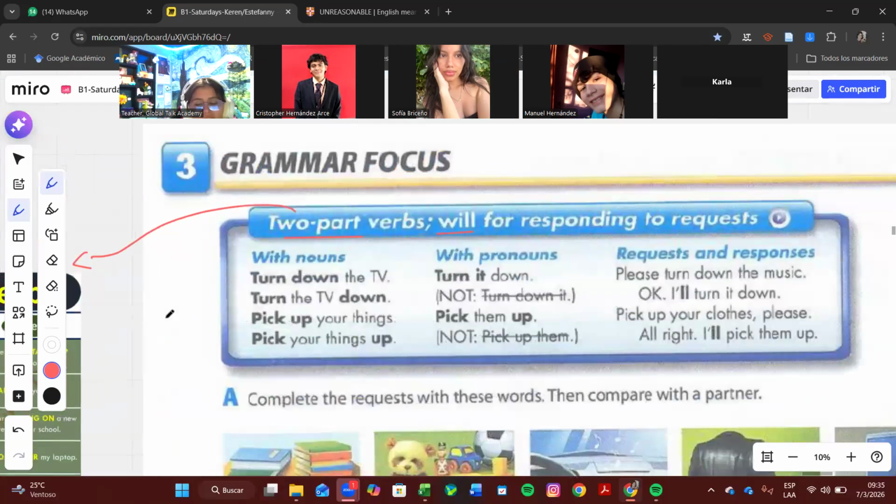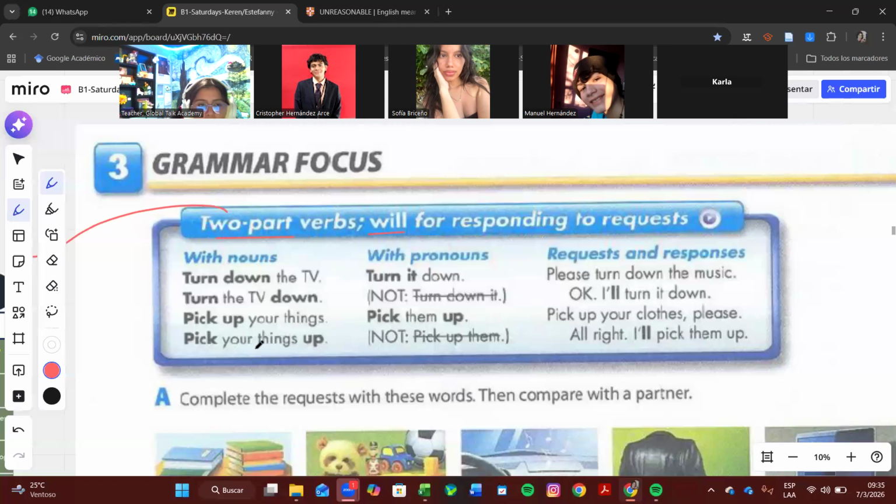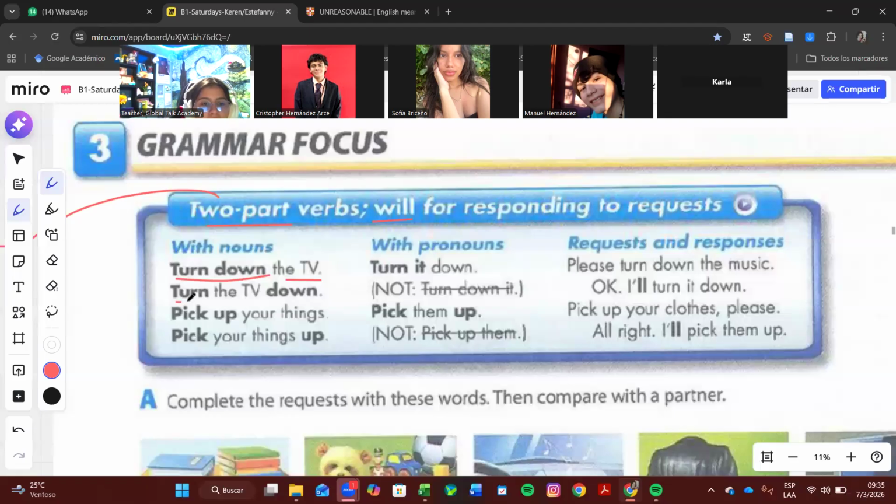So regarding what we have in the book, for example, we have turn down the TV. According to the context or the sentence, we can infer that it's like apagar, right? Turn down the TV. Then we can also put the two words one at the beginning and the other at the end. So turn the TV down. As you can see, it's the same.